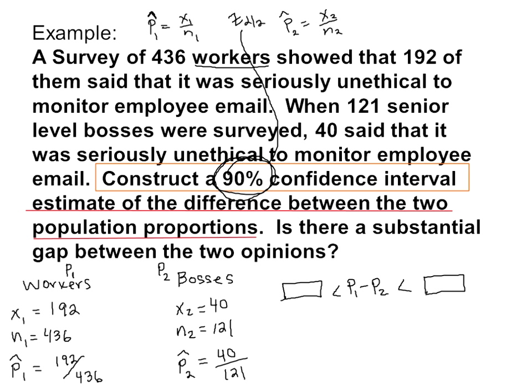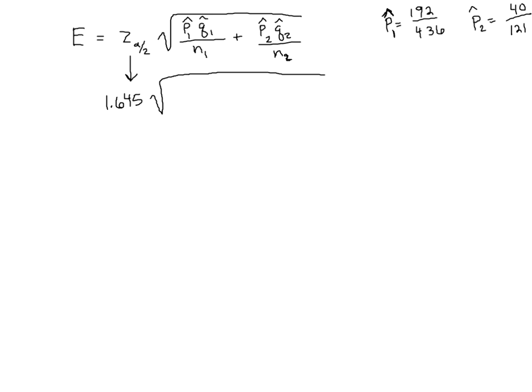So that's where I'm getting them from, p hat 1 and p hat 2. Okay, so I just copied them down again just so we have them on this new screen. So then p hat 1, that's 192 over 436. So that's my p hat. What's q hat?